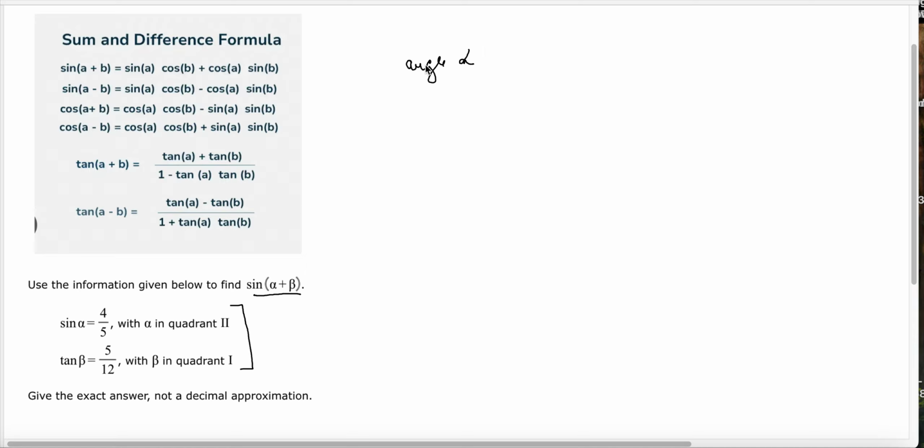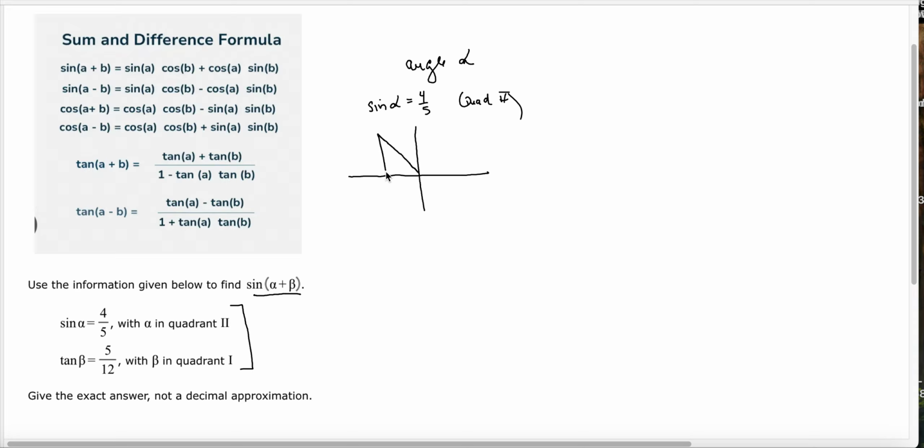What we're given is that the sine of angle alpha is equal to 4 over 5. And we're also told that it's in quadrant 2. So that's enough information to draw it. We always draw our triangles.